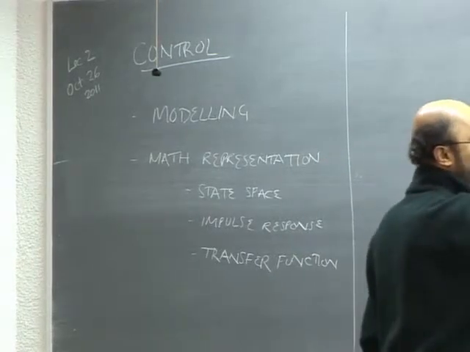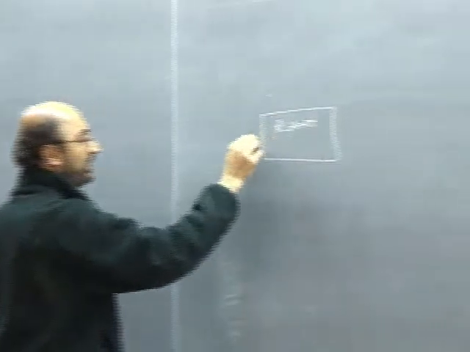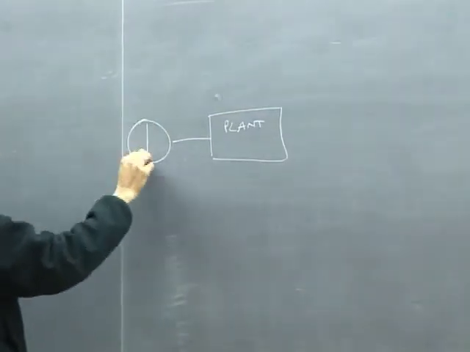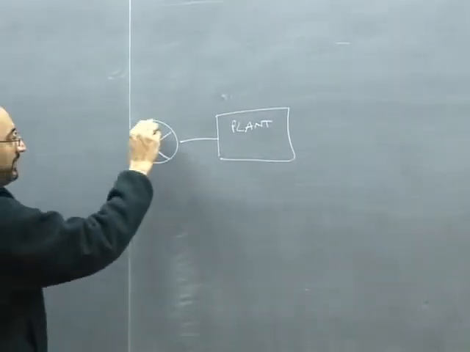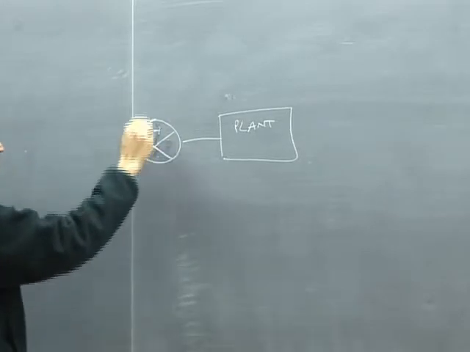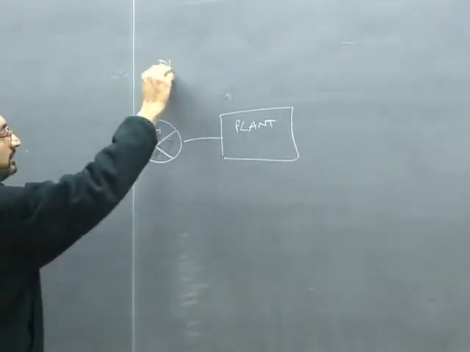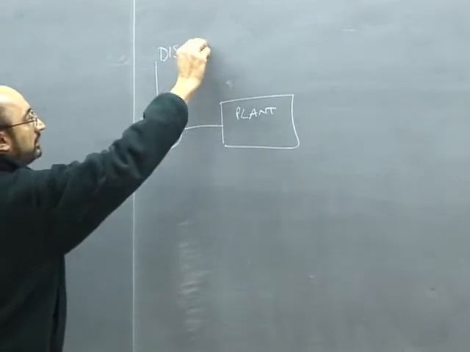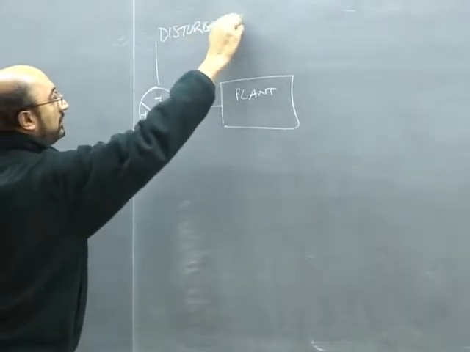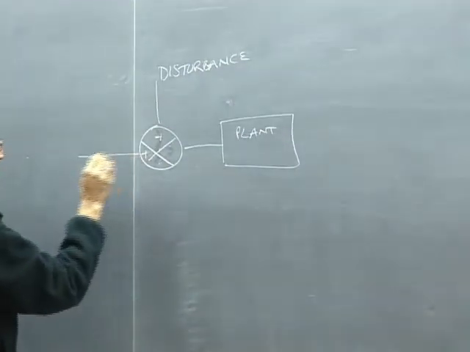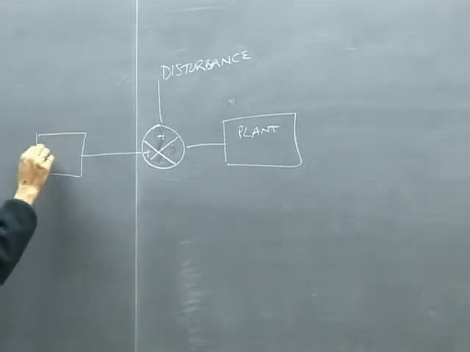So we have a plant, and we have the plant being influenced by two things. We have the disturbance over here, and we have some control input from a controller.